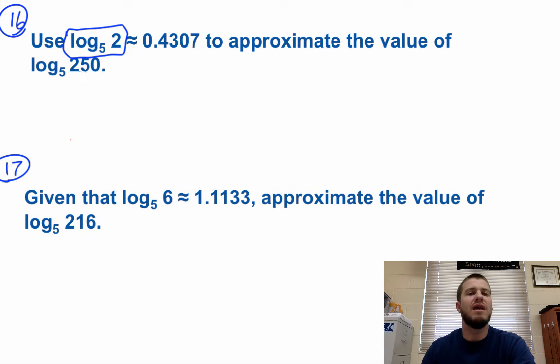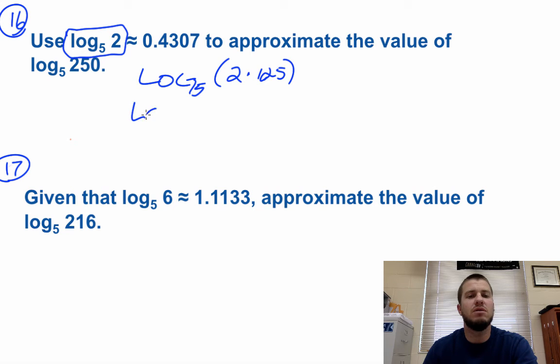So if you can get any other log, start out trying to separate this so you have a log base 5 of 2. So if I can get 250 written as 2 times 125, I can separate these into two separate logs.